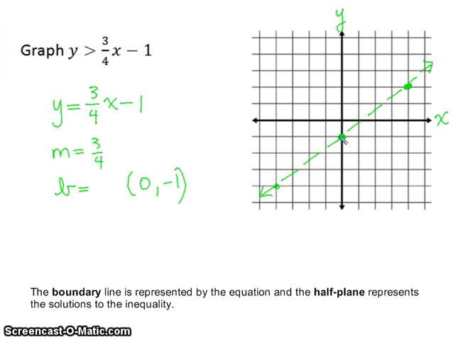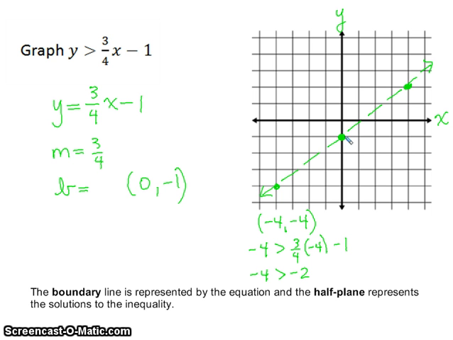If you plug that into this inequality, so we substitute those values, we have -4 is greater than 3/4 times -4 minus 1. When we take 3/4 times -4, that gives us -3, minus 1 is -4. And notice that this is not correct. -4 is not greater than -4, so that's not a part of our solution set.